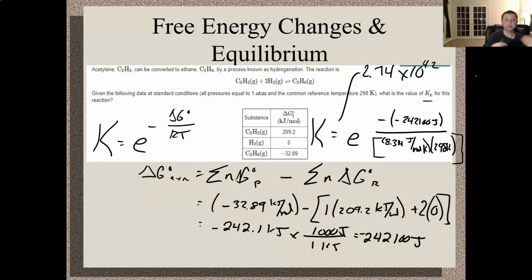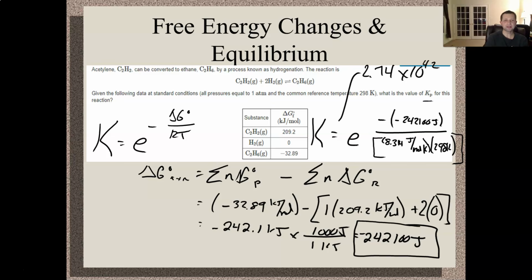You're going to say, does this make any sense at all? And the answer to that should be absolutely, because look at your delta G value. It is extremely, hugely negative, right? That is extremely thermodynamically favorable, right? We want a delta G value that's negative for a spontaneous or thermodynamically favorable reaction. So this clearly is by a lot. You have negative 242,100 joules here.